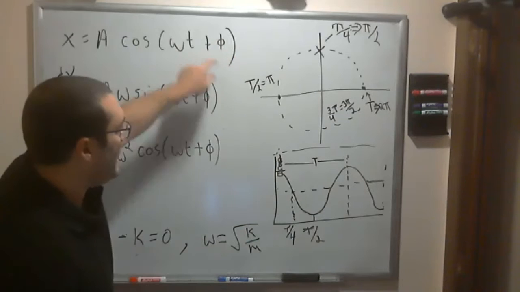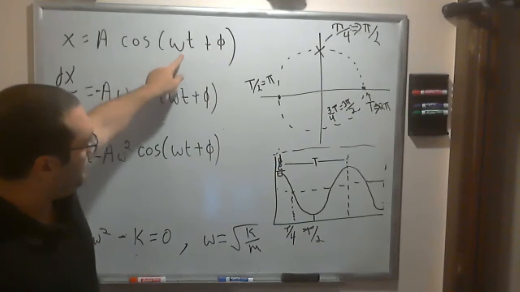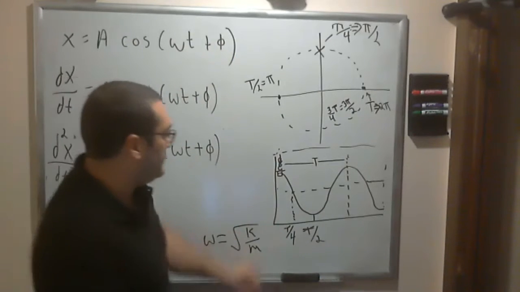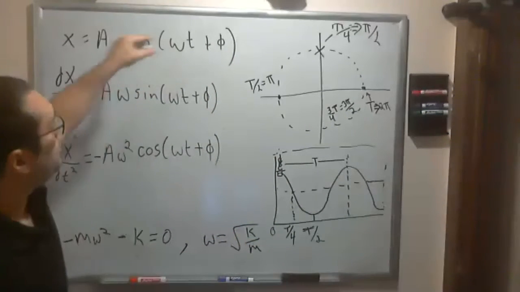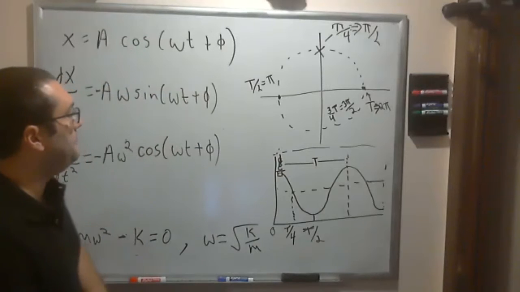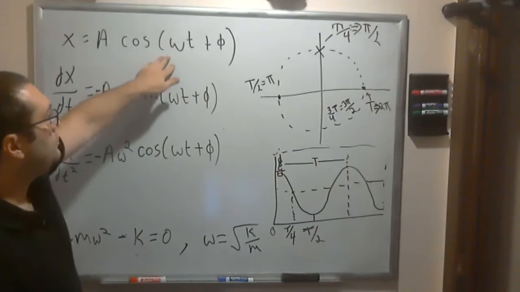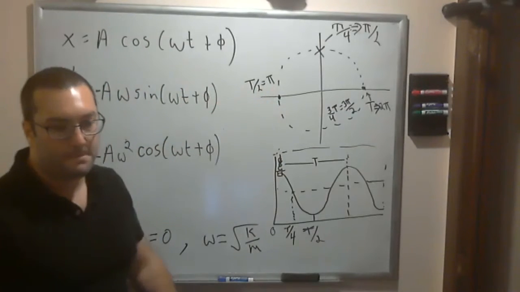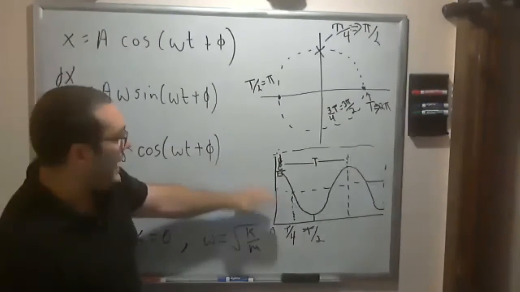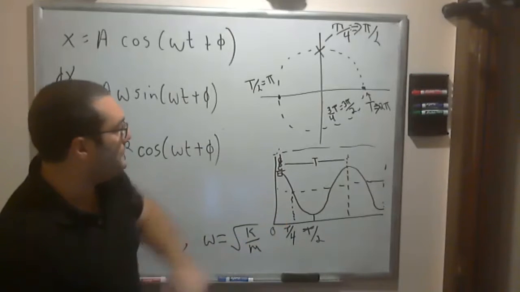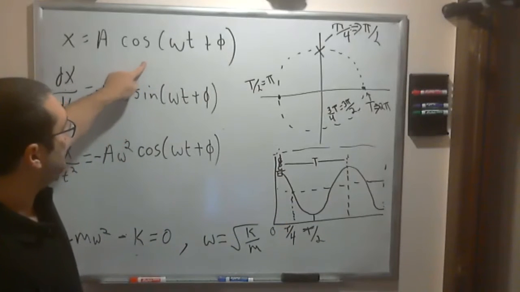What if we started, like in the previous drawing, downwards? What would phi be then? Well, at that point t is equal to 0, but this cosine function will have to correspond to pi, because we're starting at the negative equilibrium position. So this would have to be negative.